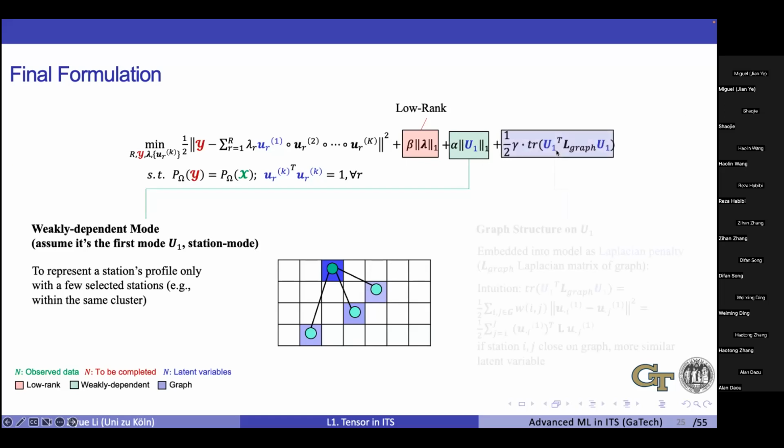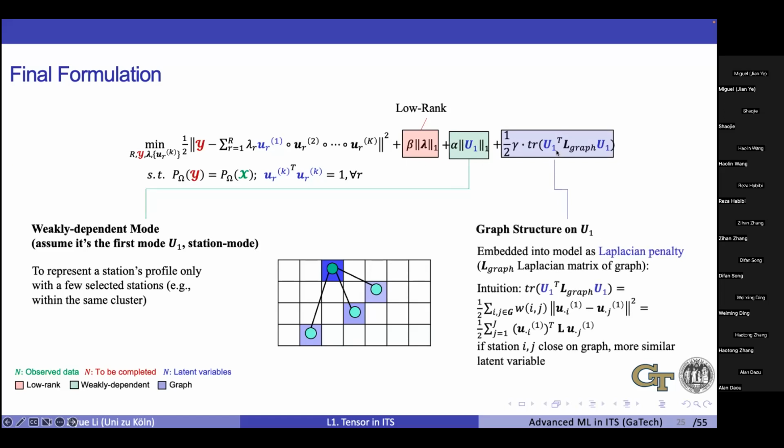And also we have the graph, right? The graph is quite popularly formulated as a Laplacian penalty that can be written this way: if, for example, stations I and J are really close on the graph, which means the weight is really high, then the difference between the two related values, UI and UJ, should be really small, so that their values should be similar.